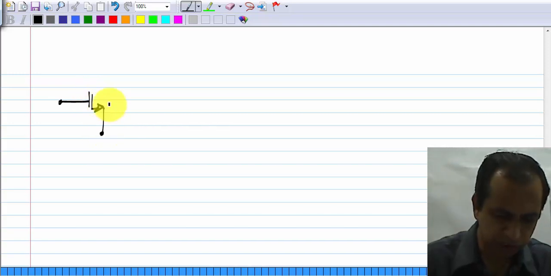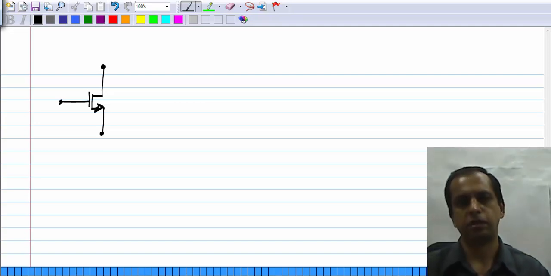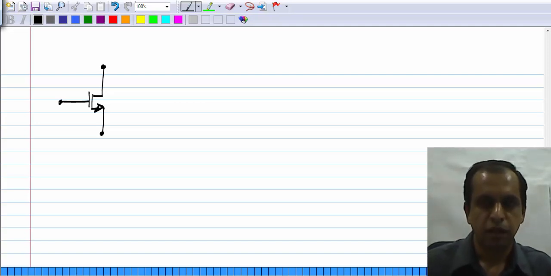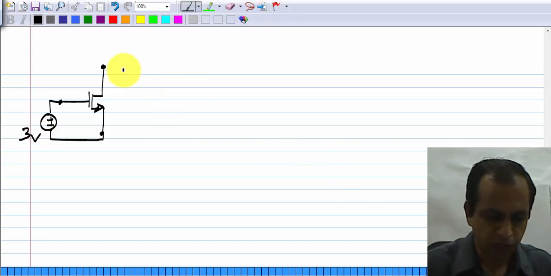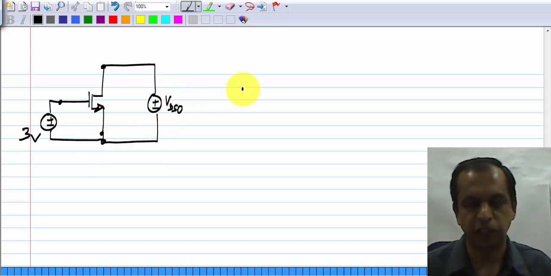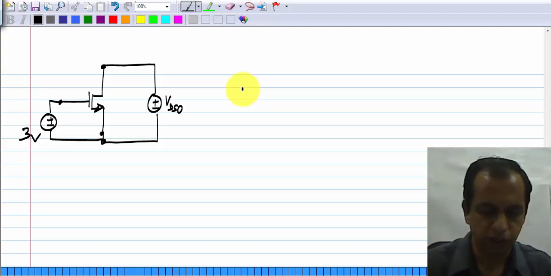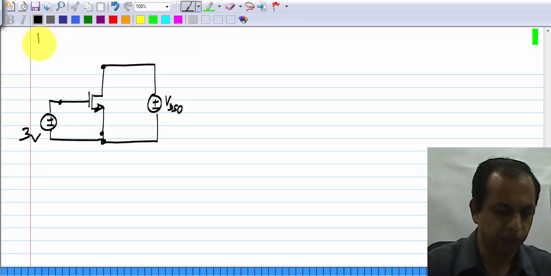This is the MOS transistor whose threshold voltage is 1 volt and whose current factor is 100 microampere per volt square. Now, we saw that we had to have a VGS of 3 volts and VDS, I am showing a voltage source here. I will call it VDS0, the VDS at the operating point. What should that be? We know that the transistor has to be in saturation.